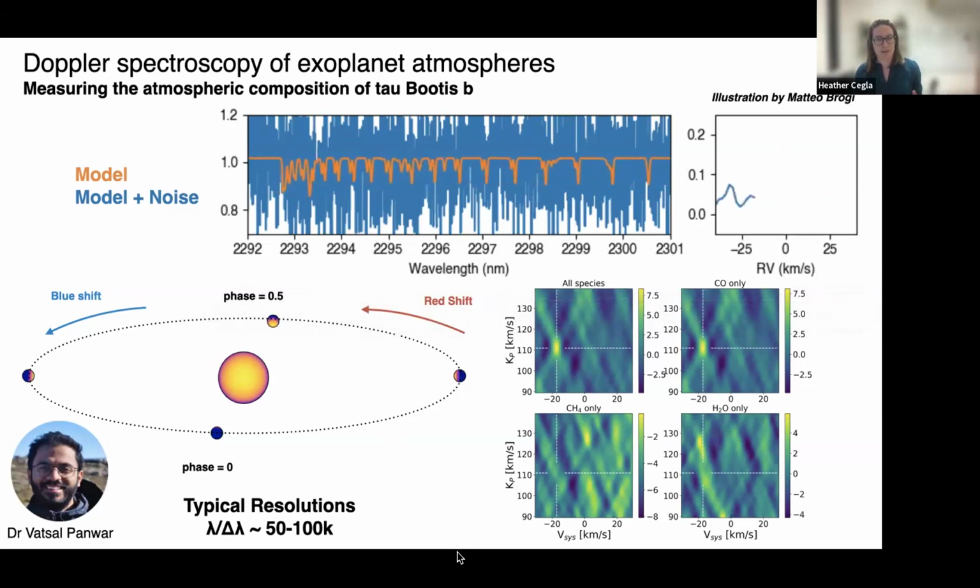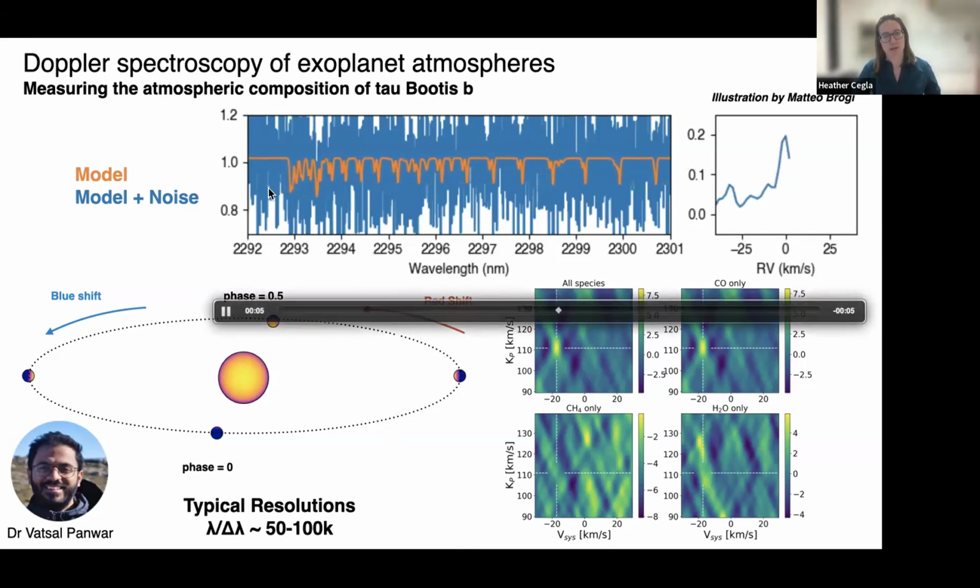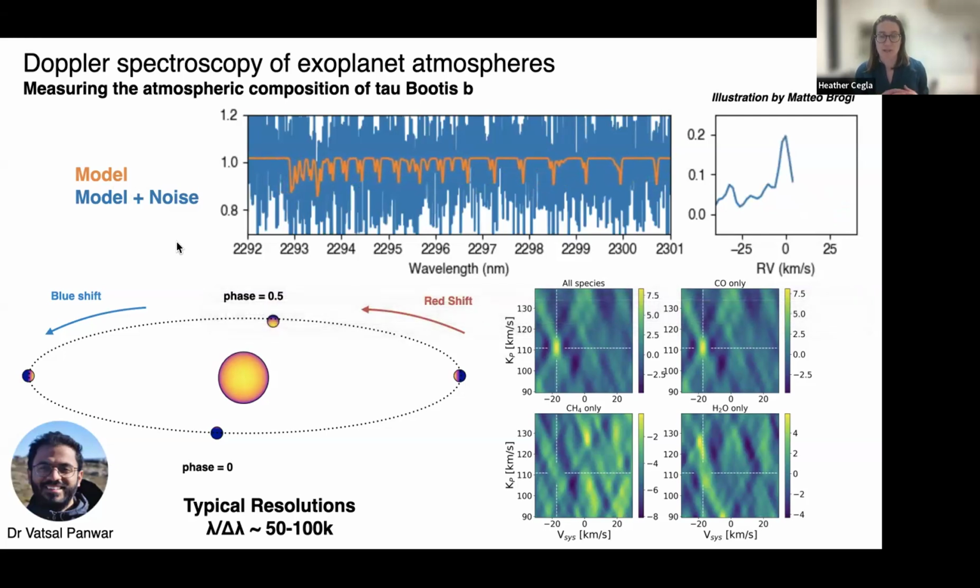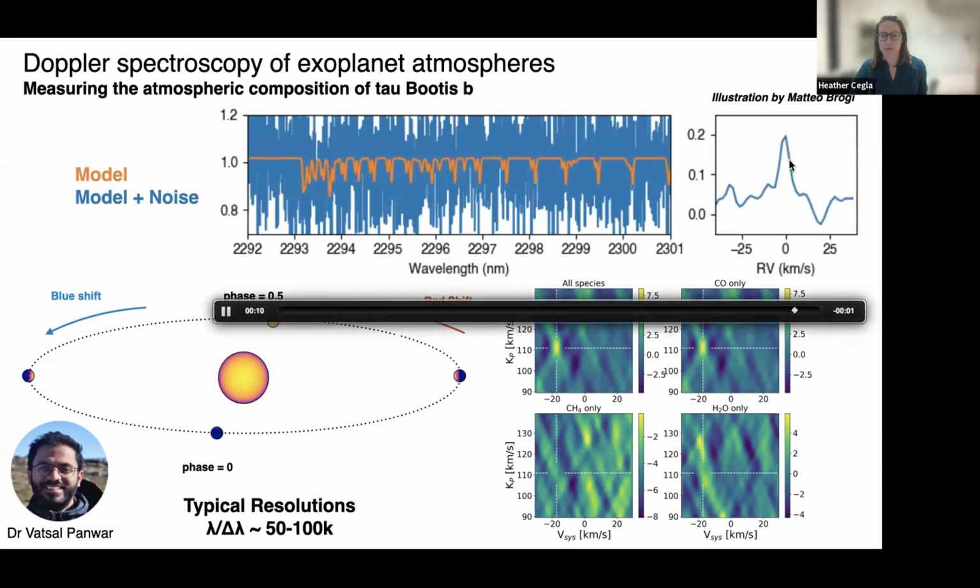But the planetary atmosphere signal is quite small compared to what you would observe, which is a combination of the stellar atmosphere and the planetary atmosphere, illustrated here in blue, the noisy stuff that you would actually observe. But if you use your high-resolution model for the planetary atmosphere, and you take advantage of the fact that you've got thousands of lines, when you do this cross-correlation you can build up and dig out these faint signals.